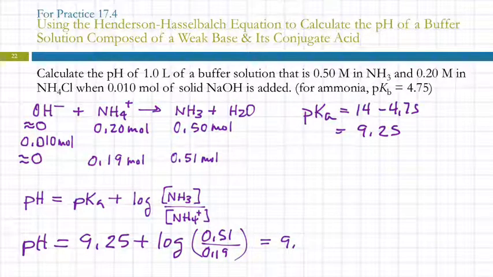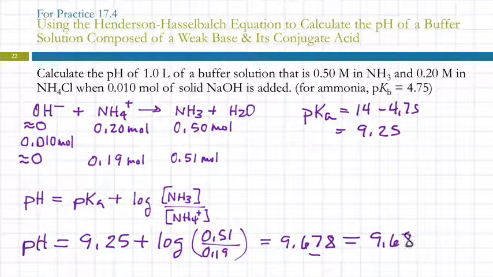I divided by 0.49 instead of 0.19. I'm not sure why I did that, but I did it. 9.678, which would round to 9.68 for the pH. Does that look better? Yeah, thanks for pointing that out.